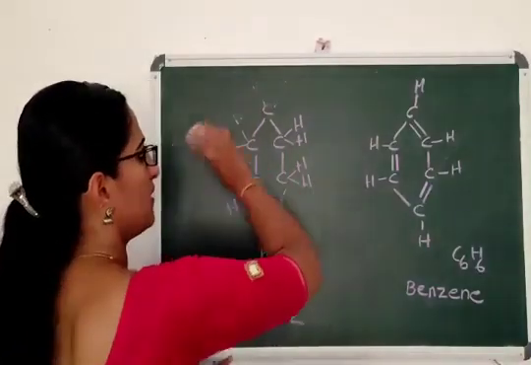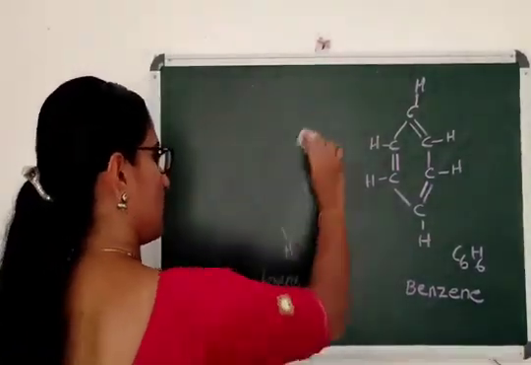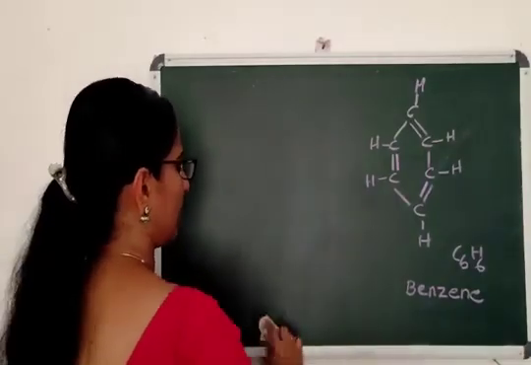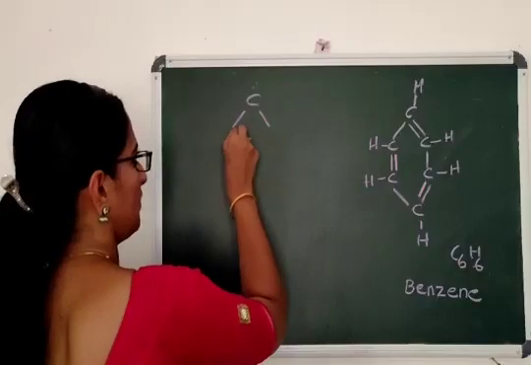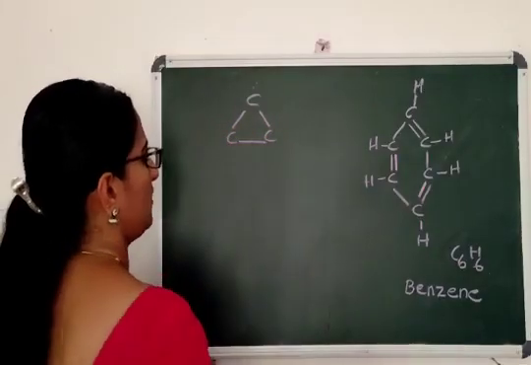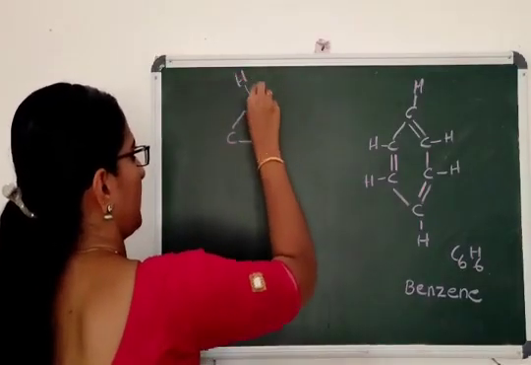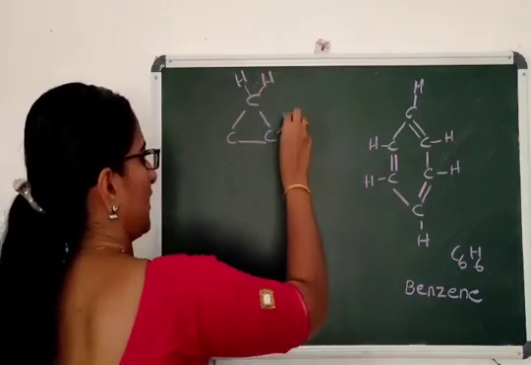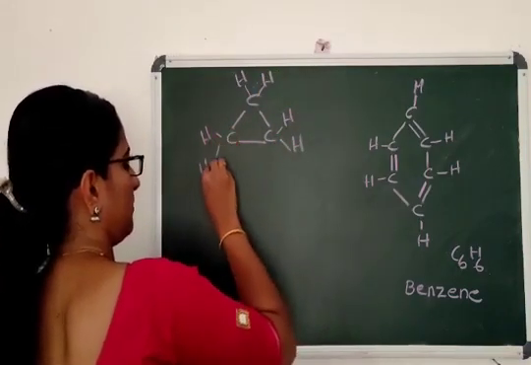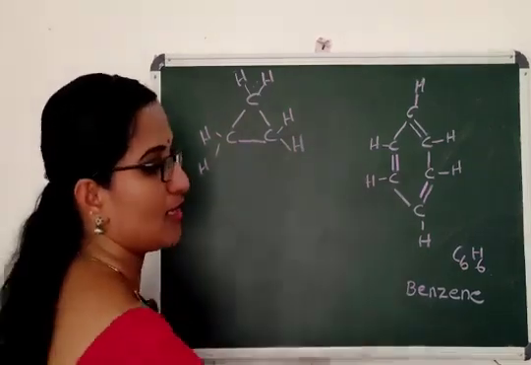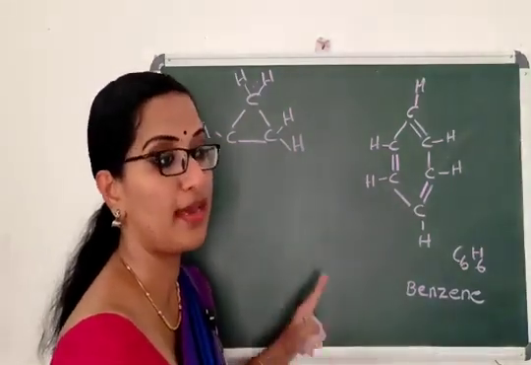So you can draw other examples of unsaturated hydrocarbons. How can you draw cyclopropene? If you want to draw the cyclopropene, first you draw the cyclopropane. How will you convert it to cyclopropene?